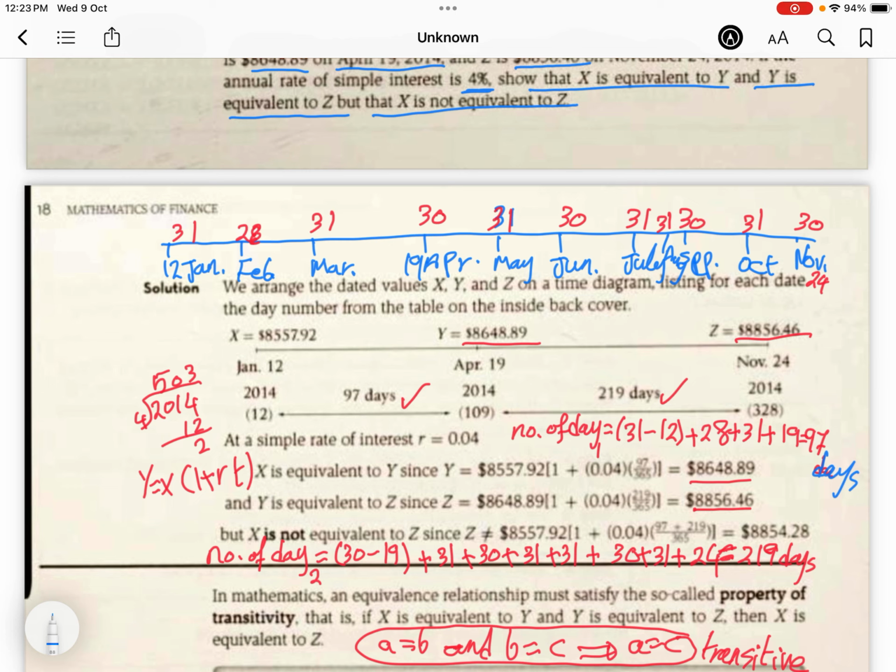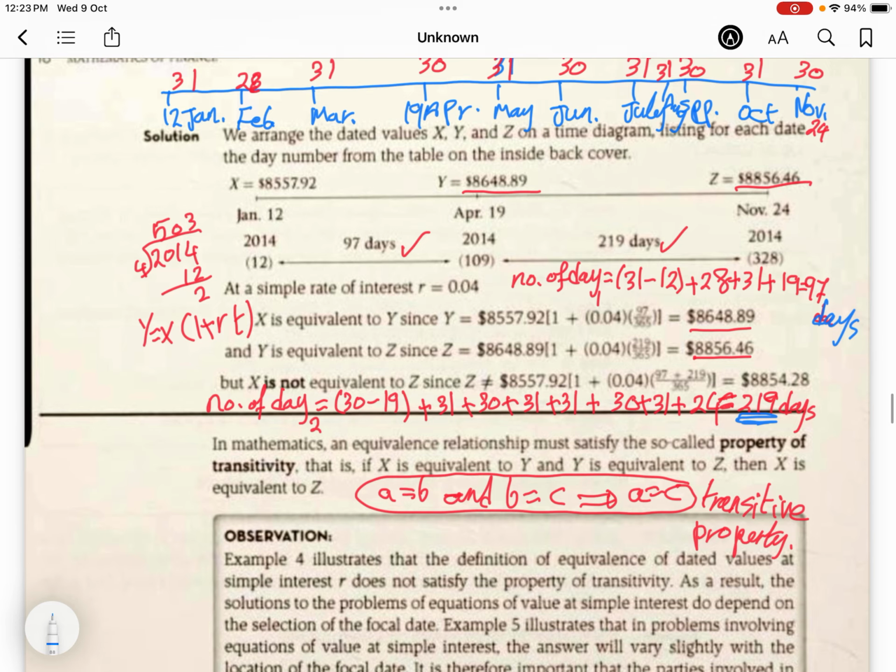You will have April is 30, 30 minus 19, we will have 11, plus 31 plus 30, July 31, August 31, September 30, October 31, and 24 of November. Then the total will be 219 days.